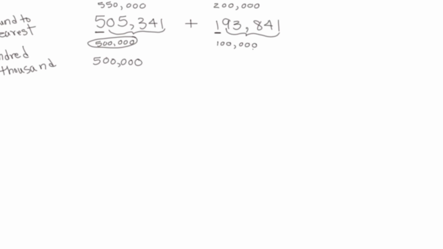Is it closest to 100,000 or 200,000? If we see our midpoint would be 150,000, we can see that this number is much closer to 200,000. So we would round this number to 200,000. So our estimate of the sum of these two numbers, rounding to the nearest 100,000, would be 700,000.